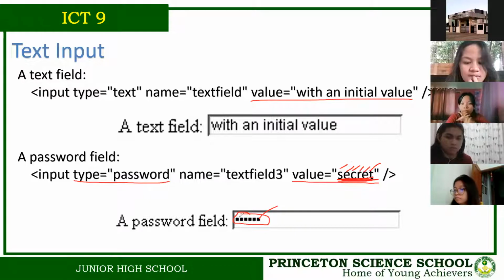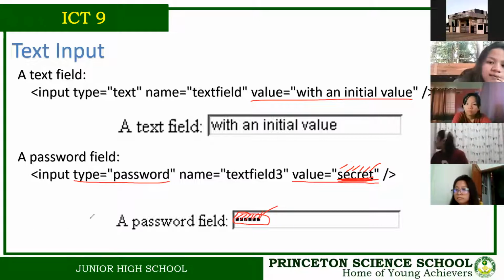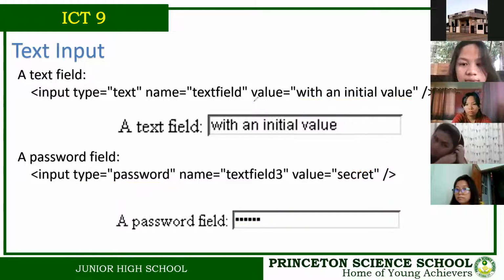Then we're looking at the bullets in the password field: 1, 2, 3, 4, 5, 6. So it's still the same word, but covered by the bullets. Is that clear? The formatting attributes applied here are the name and the value.